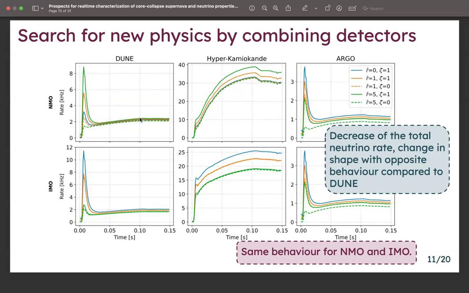We are being too fast if we just look at DUNE. This is just looking at these plots and describing them, but in the rest of the talk I will show you this in a more formal way.